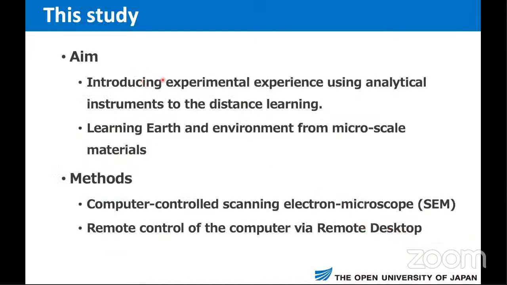The aim of this study is introducing experimental experience using analytical instruments to distance learning, learning Earth and environment from microscale materials. The method: a computer-controlled scanning electron microscope, SEM, with remote control of the computer by remote desktop software provided by Microsoft.